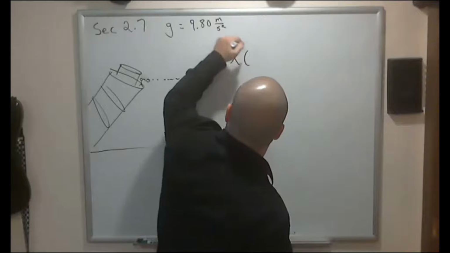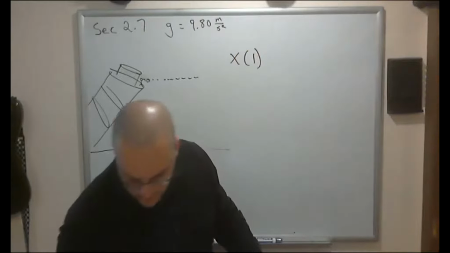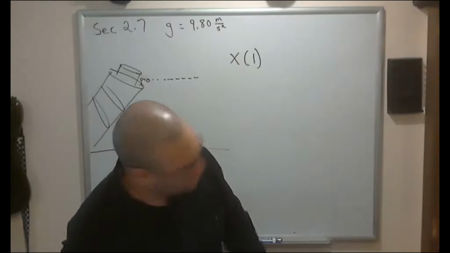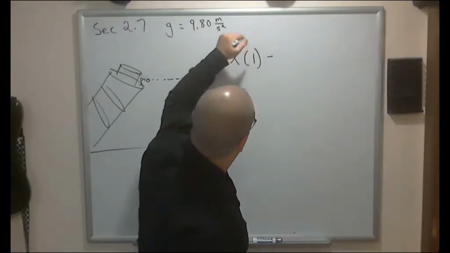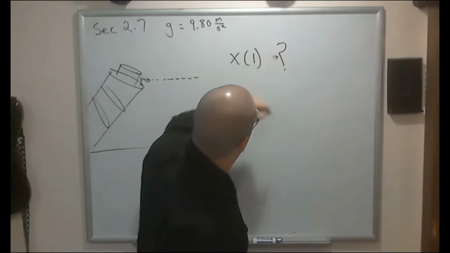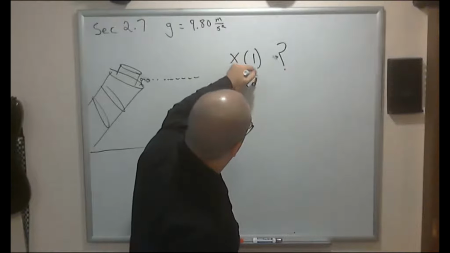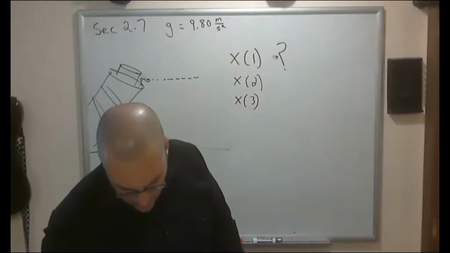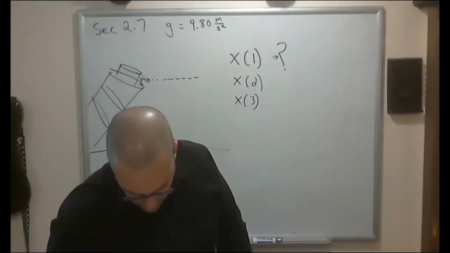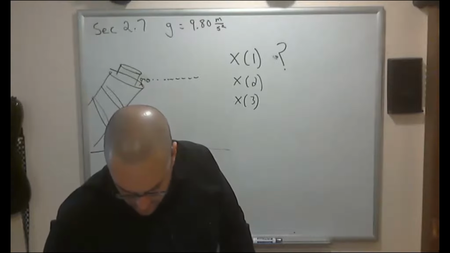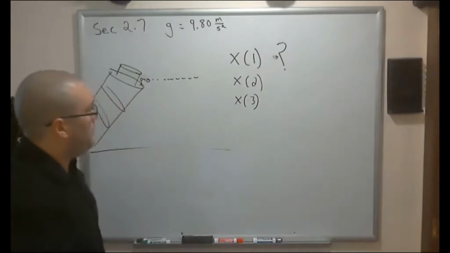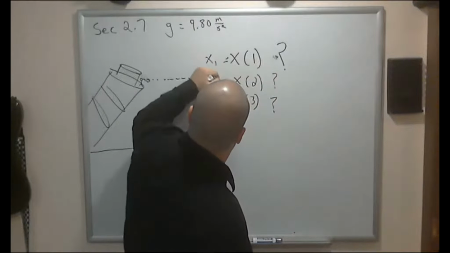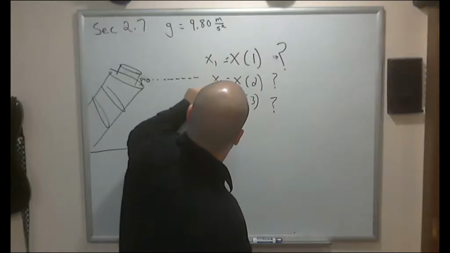So what is x1, x2, and x3? And we can ignore the air resistance. So what are these positions? We'll label them as X1, X2, and X3, right?